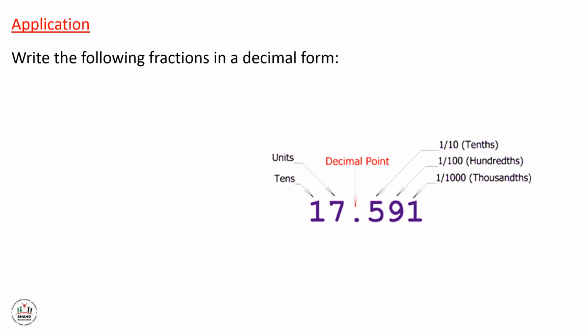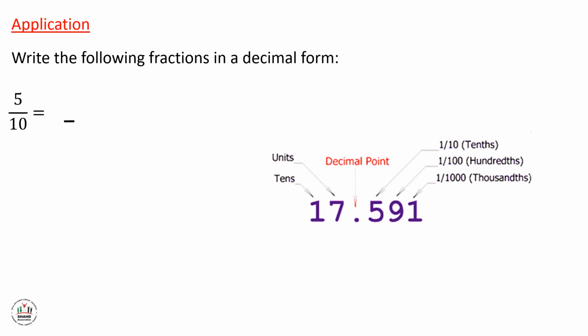Application. Write the following fractions in decimal form. To do that, we need to count how many zeros we have in the denominator. In this example, we have only one 0 in the denominator. So we start writing the numerator from right to left, and we put the decimal point after one digit only from right to left, because we have one 0 in the denominator.